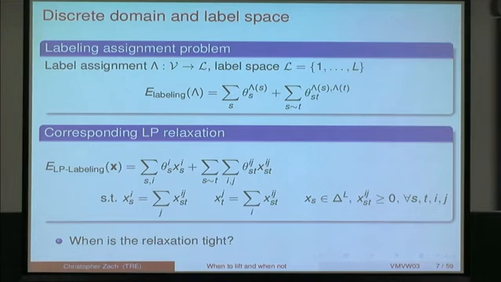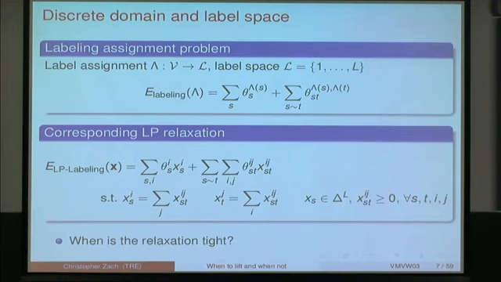On the bottom you see the LP relaxation. The unknown quantity x is a vector for each pixel in the image, or each node in the graph in the more general configuration. This vector should be all zeros except a 1 at the position that tells you which label is the right one to pick at node s, or pixel s.